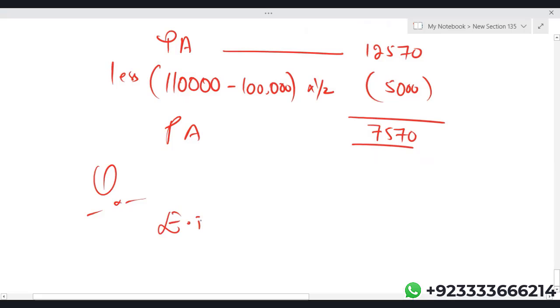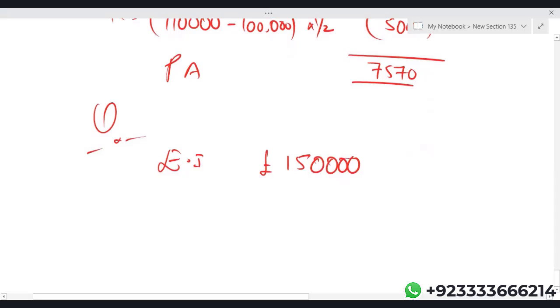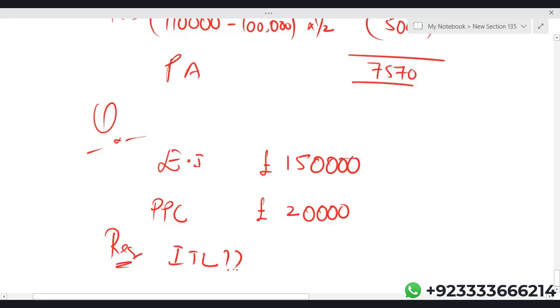Question. Employment income is, let's say, 150,000. Personal pension contribution is 20,000. Required: income tax liability. In fact, let me change this PPC. Just a minute.